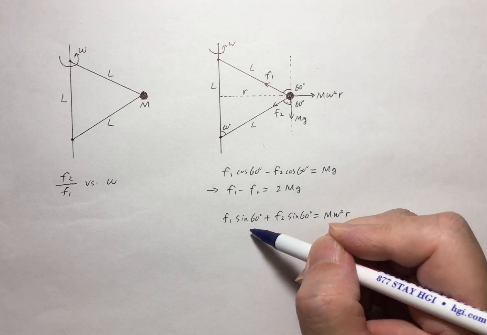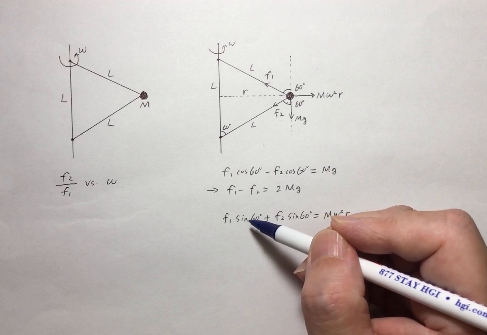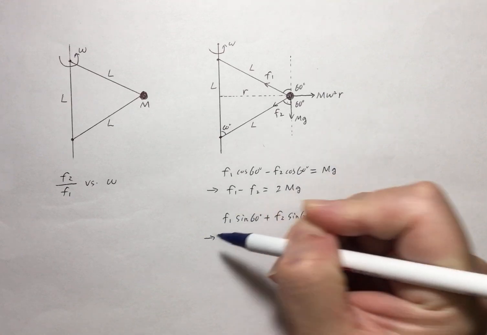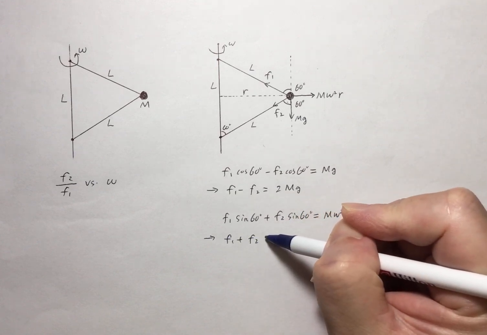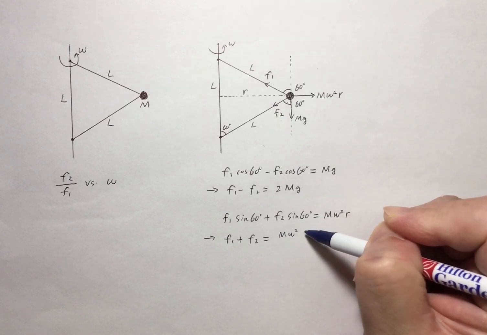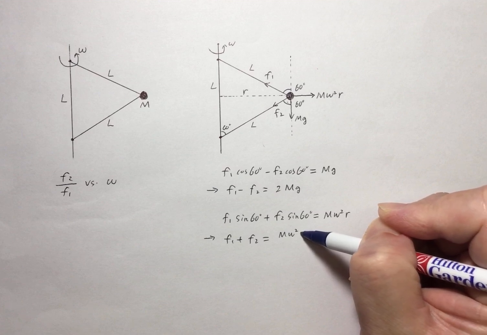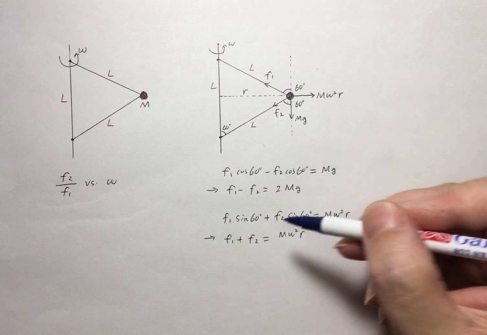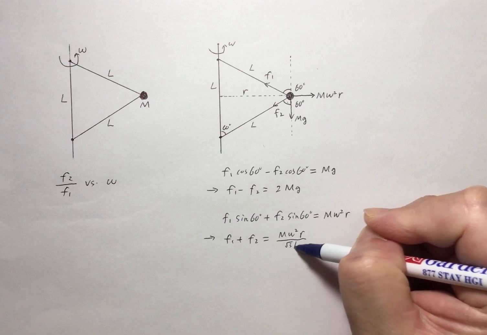Because sine 60 degrees is square root 3 over 2, we have F1 plus F2 equal to m omega square r, divided by square root 3 over 2.